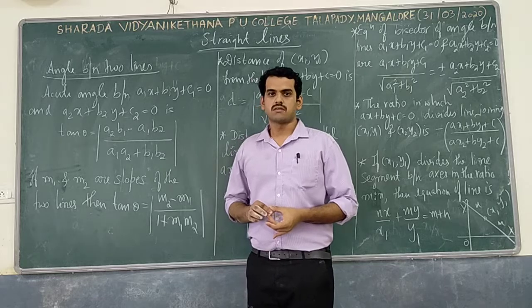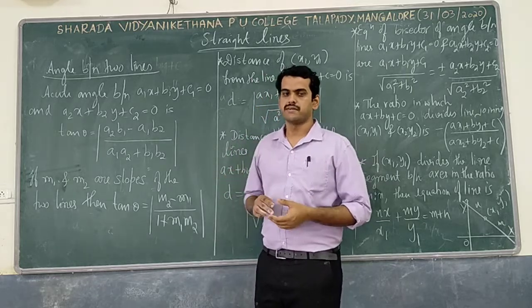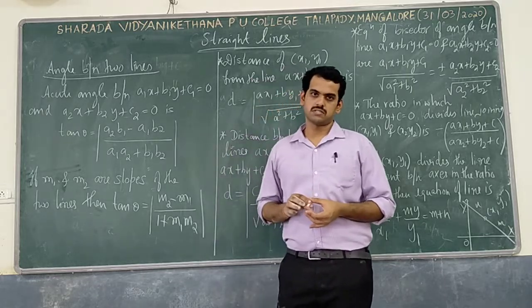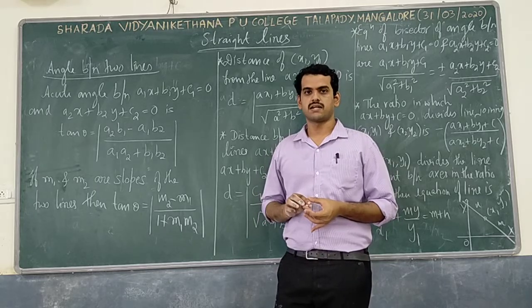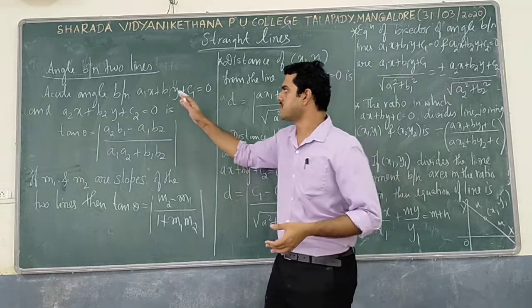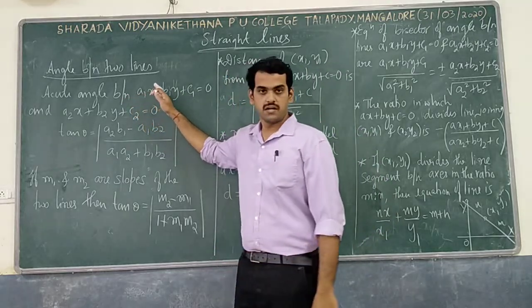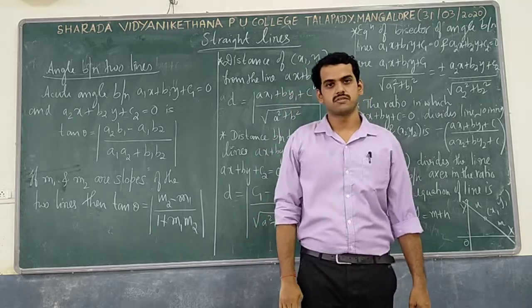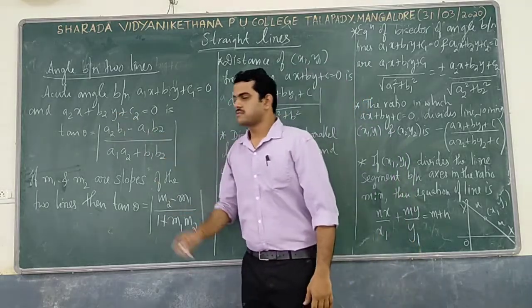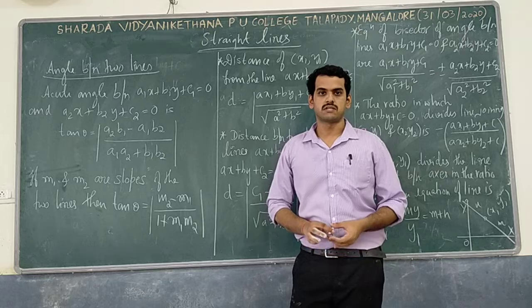Now I would like to discuss two more important results that come in straight lines, that is the angle between two straight lines. Suppose I consider two straight lines in the standard form, a1x + b1y + c1 = 0 and a2x + b2y + c2 = 0.